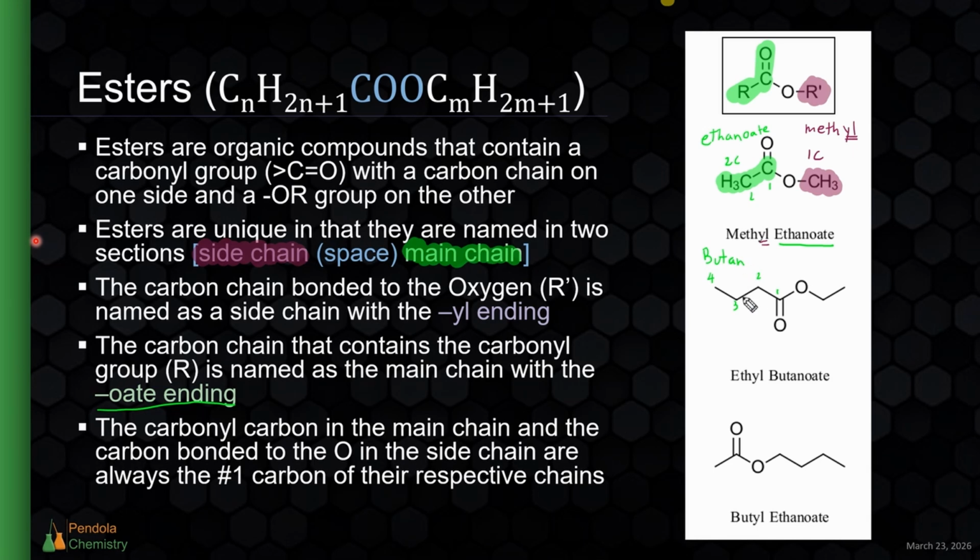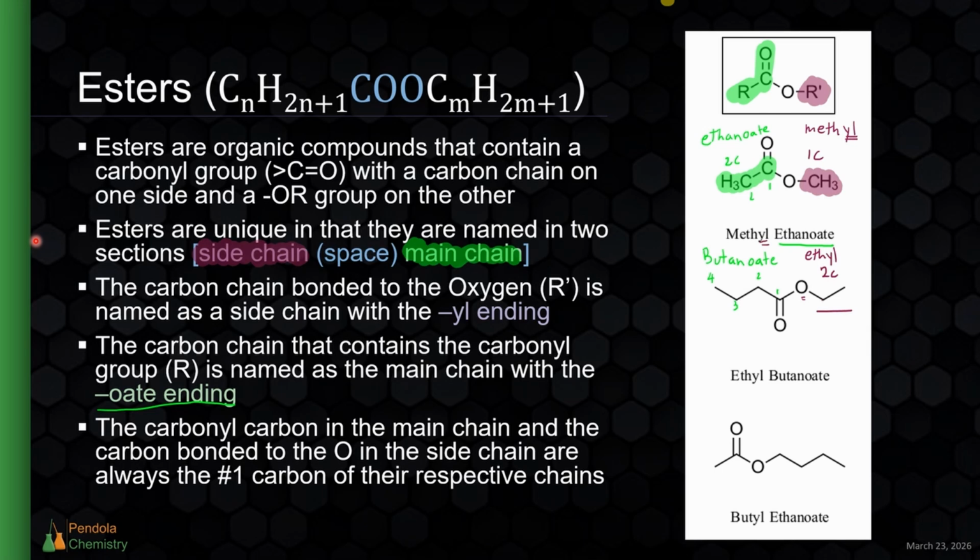And because they're all single bonded, oate because it's the main chain. And then on the other side, here we're going to have a 2-carbon chain. So that's eth. And because it's a side chain, it's the one attached to the oxygen, it's ethyl. So the side chain is ethyl, the main chain is butanoate, so this is ethyl butanoate.